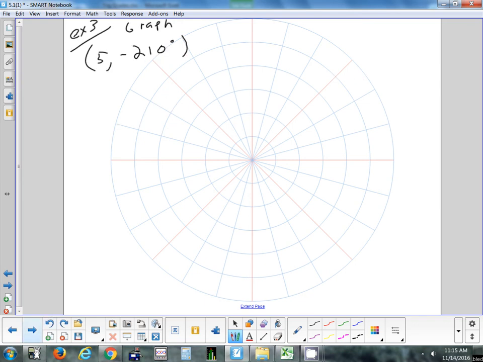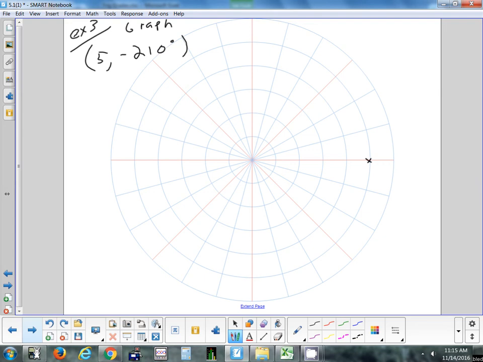All right, let's try this one. So we got 5, negative 210. Okay, so Paige, what ring am I going to be on this time? Yep, 5th ring. Should I go left or right? Right. Yep, so we're going to start right there.